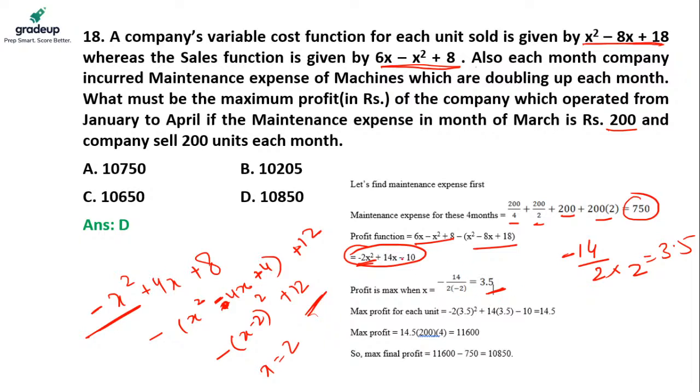If I put in x equal to 3.5 in this equation, I will get my profit as 14.5 per unit. Now we are selling 200 units per month, so 200 units for 4 months. Profit per unit is 14.5, which will give me 11,600, from which if I subtract my maintenance, I will get 10,850. Is it clear, guys?